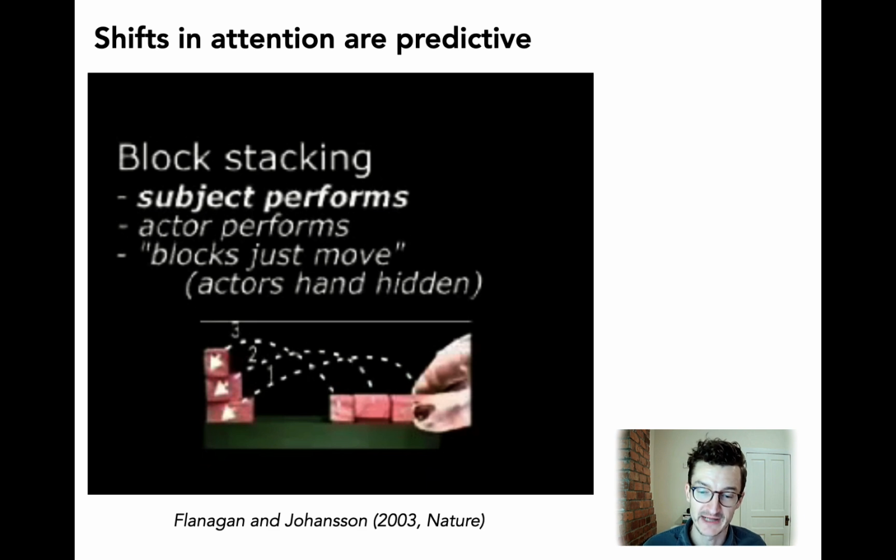So stacking blocks or watching somebody stack blocks. And when I say predicting, I mean that they're sort of fixating on future grasp sites, so where the participant will grab the blocks, and also fixating on future sites for where the participant will place the blocks. So I'll show you the video.